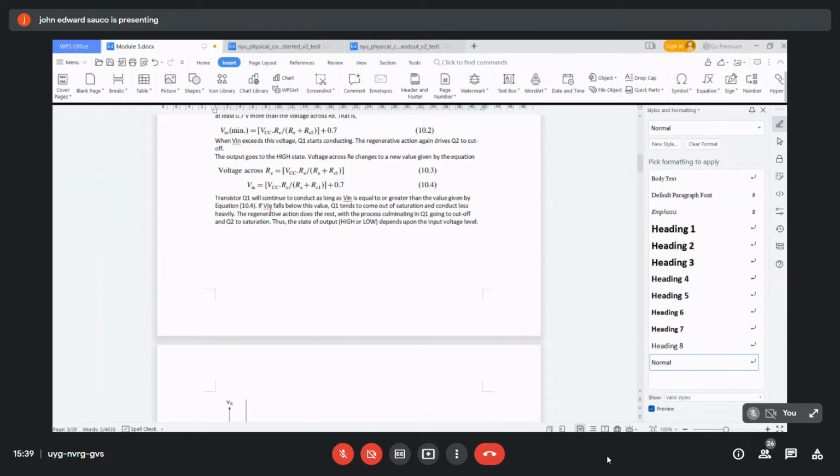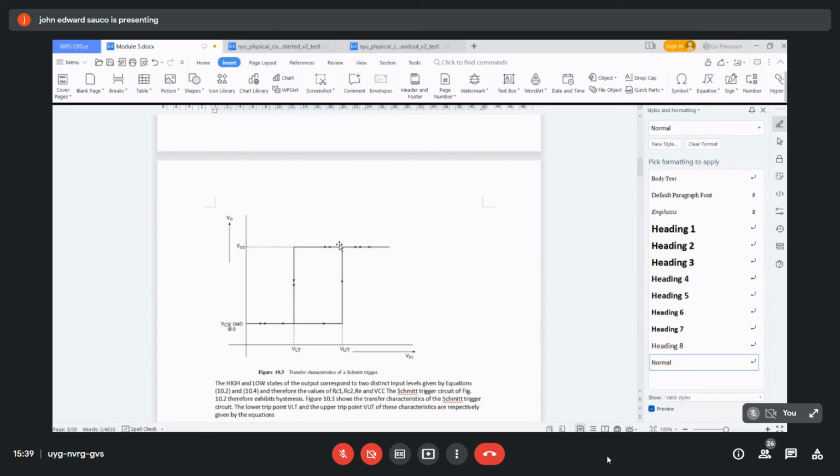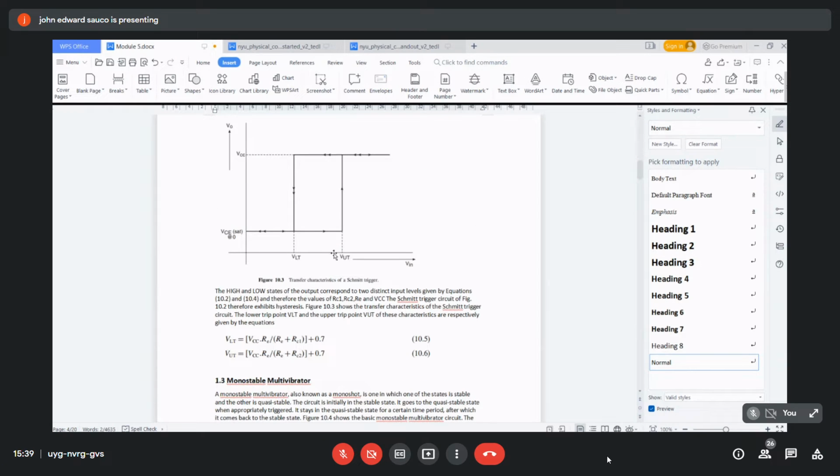If Vin falls below this value, Q1 tends to come out of saturation and conduct less heavily. The regenerative action does the rest, with the process culminating in Q1 going to cutoff and Q2 to saturation. So the output state, high or low, depends upon the input voltage.